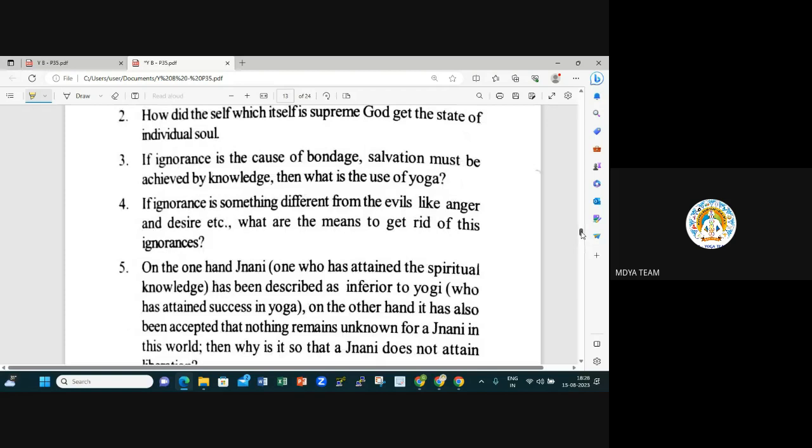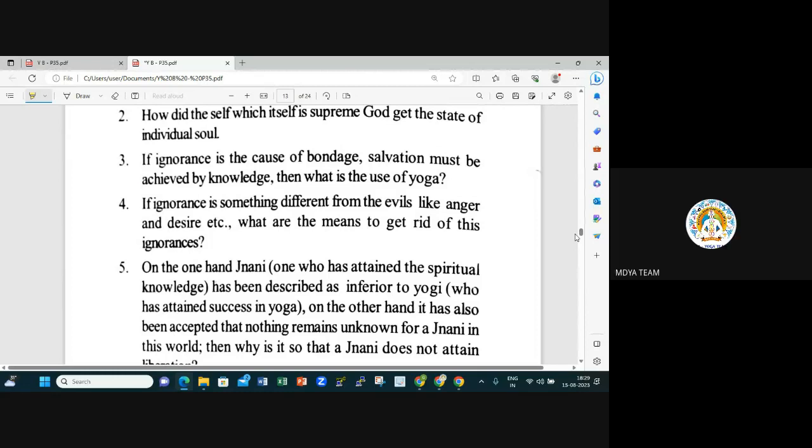What are the means to get rid of this ignorance? So, does it indicate that getting rid of ignorance is different from the way we get rid of the Shadripu?